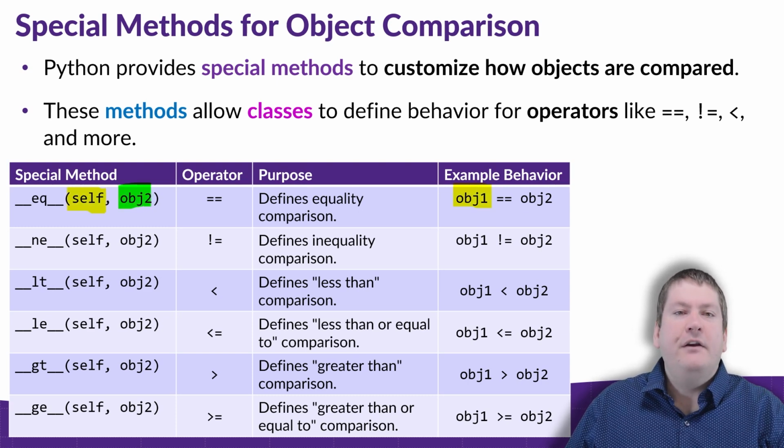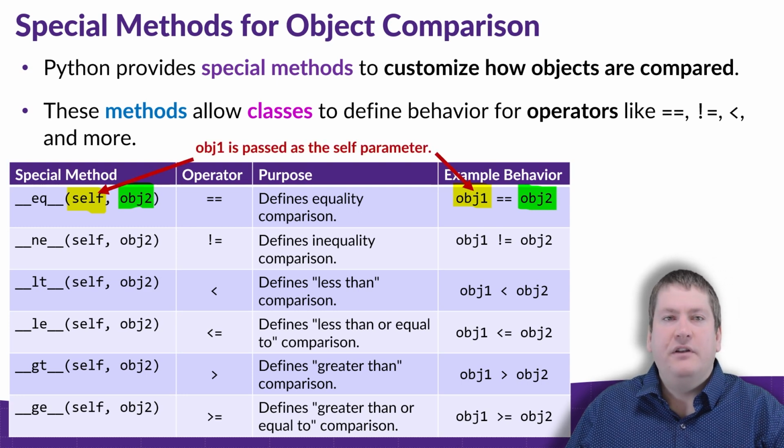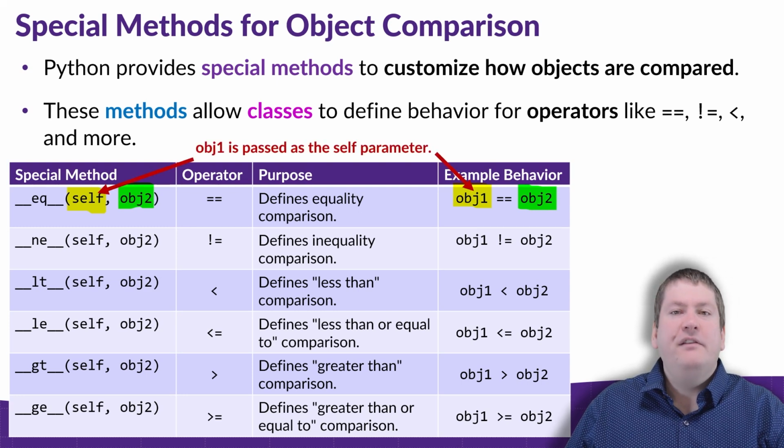Now, the important thing here is the order of the parameters or the arguments that are sent to these functions. So self is always going to be the first object used in the operation. So in this case, where we have object 1 equals object 2, which is the equals operation or equality operation, object 1 is going to be the value of self.